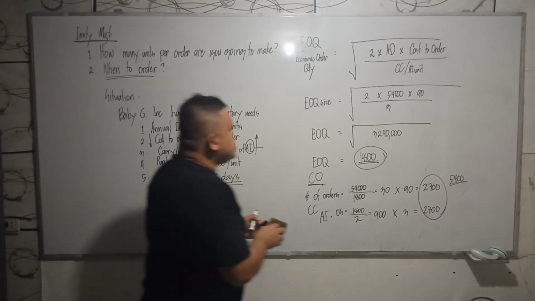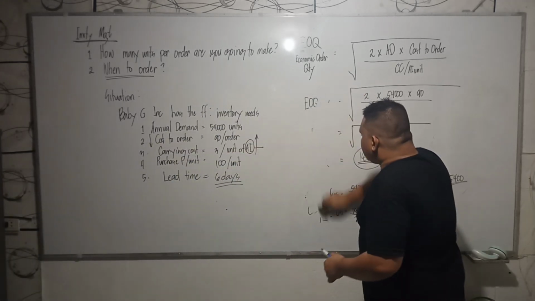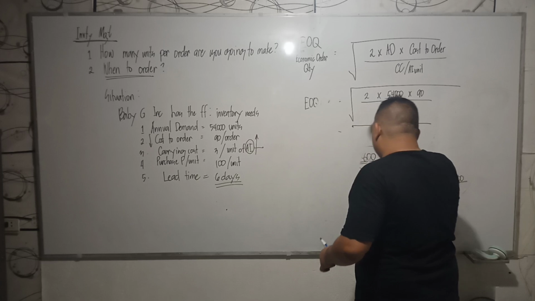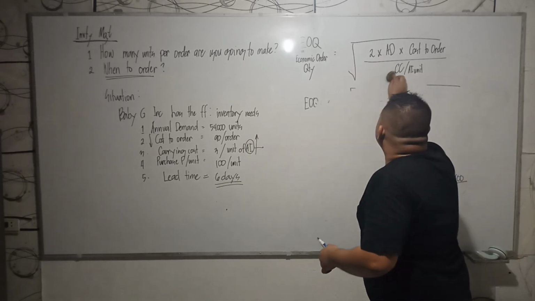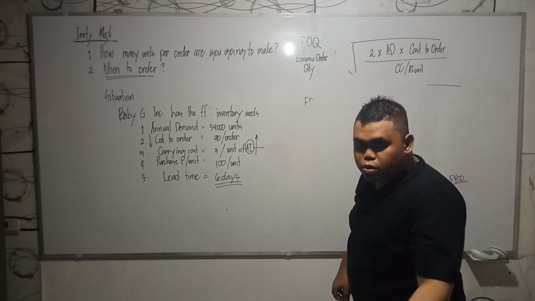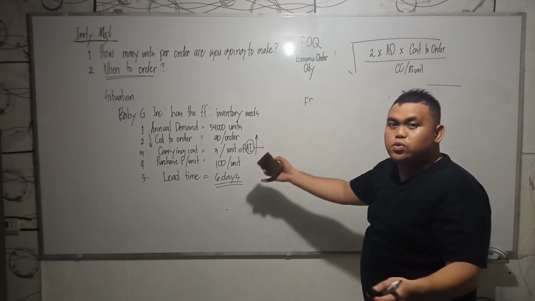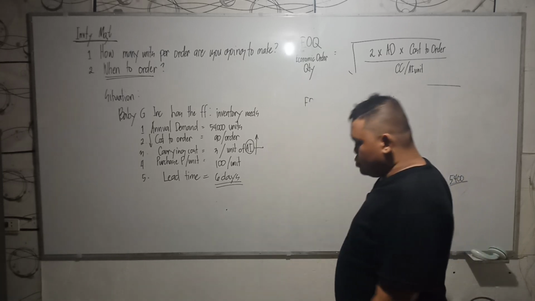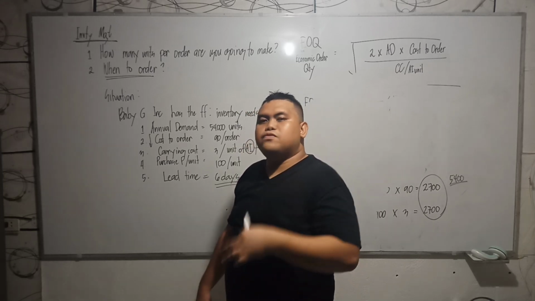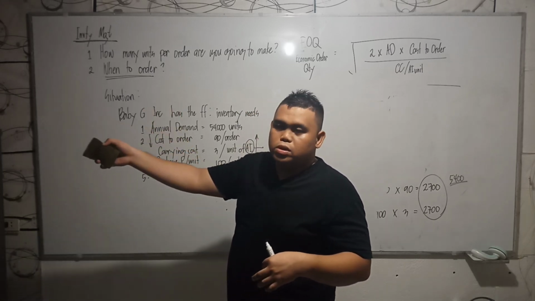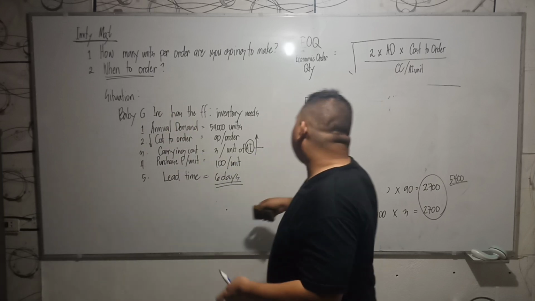Now, what is this lead time? This lead time is actually the number of days from which you placed an order and the delivery of your order. So that's 6 days. So if ever you're going to place an order now, after 6 days, those orders of yours will be delivered. So that's lead time.